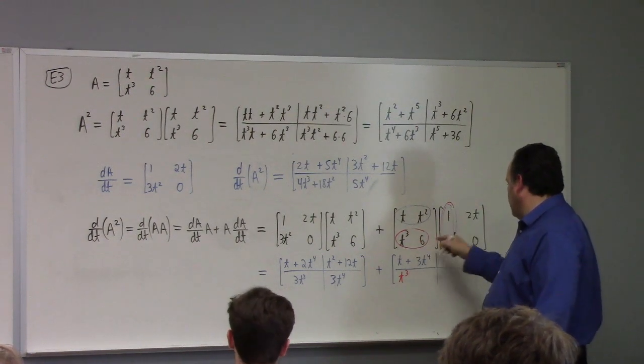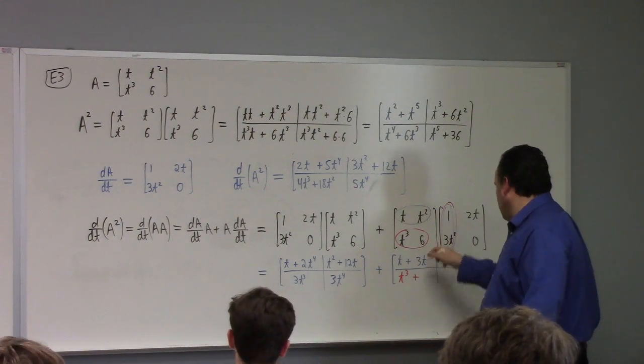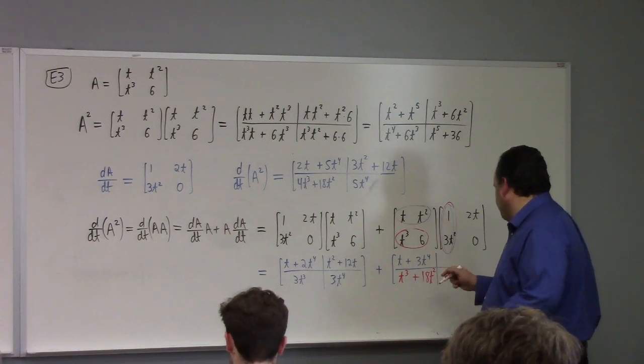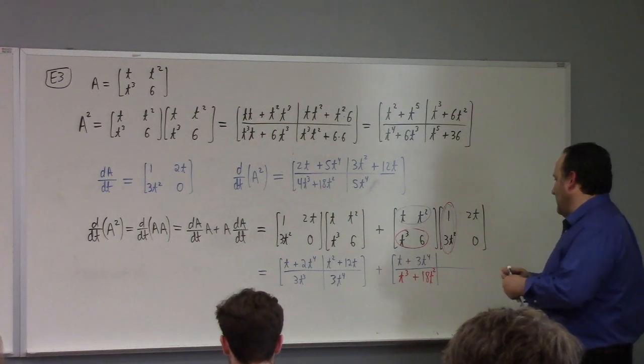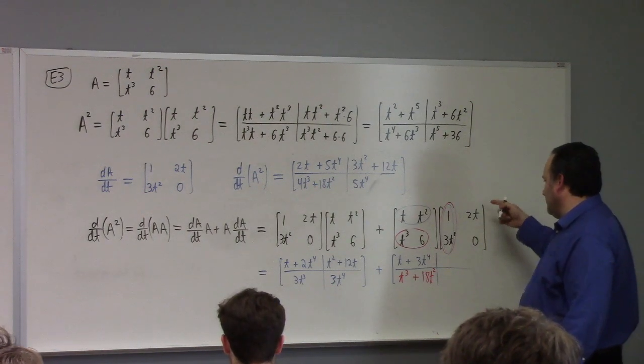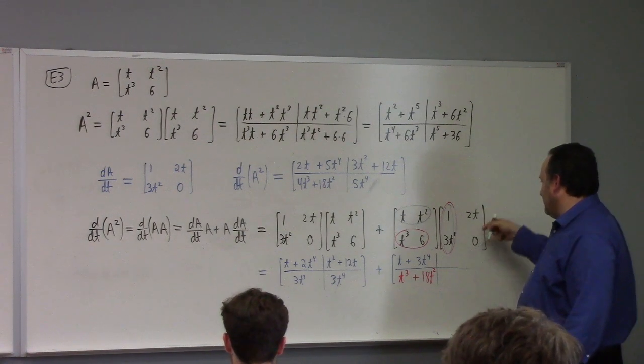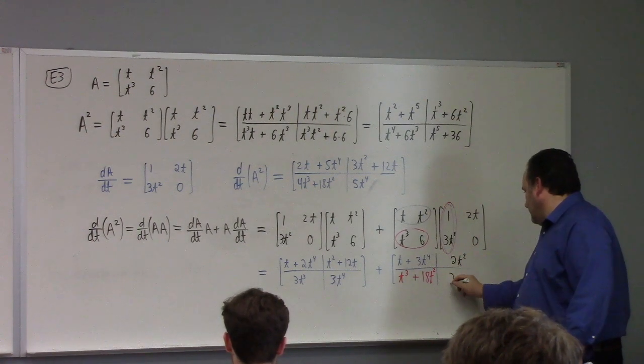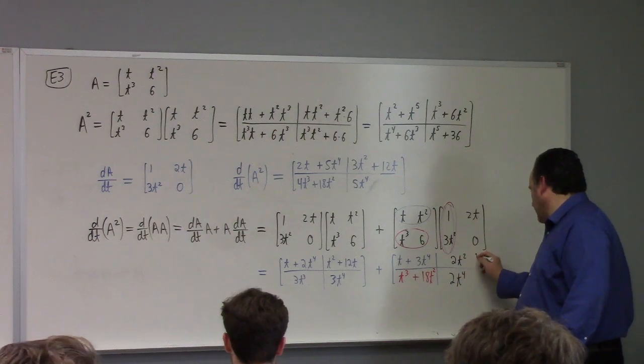T cubed plus 18t squared, and I will forego my color coding, so I get a 2t squared and finally a 2t to the 4th.